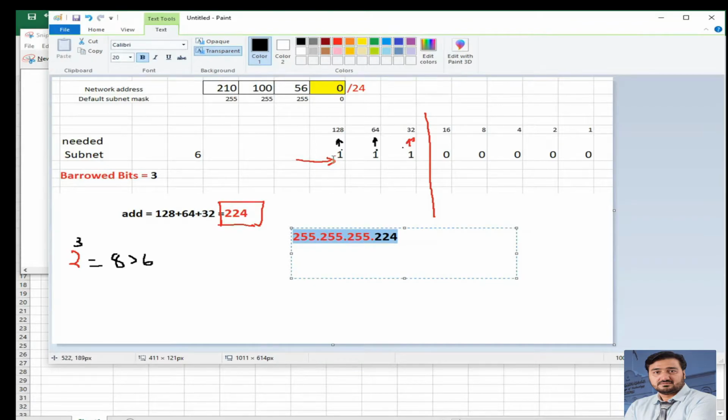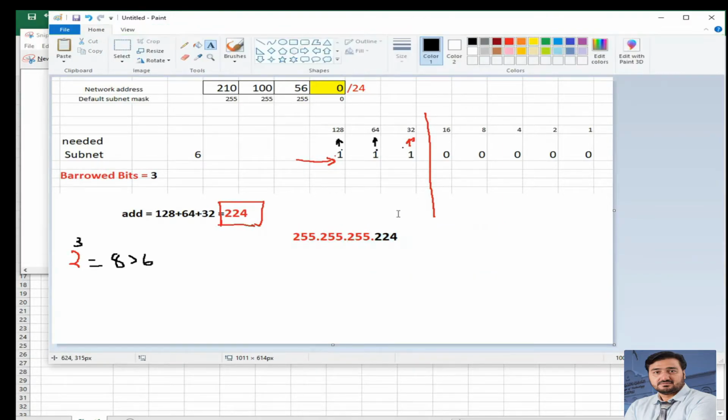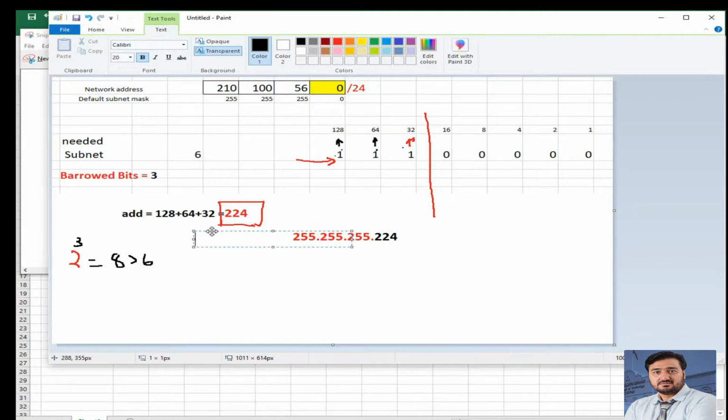Now we needed 6 subnets and our customized subnet mask becomes 255.255.224. Let me write it here: customized subnet mask.